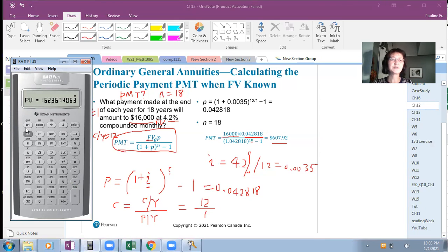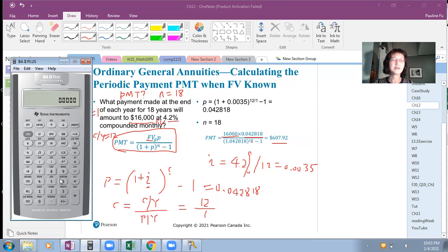Go to second, quit first, and then set up PY. Second PY, PY equal to 1, enter. Down arrow key. CY is 12, enter. Second, quit.